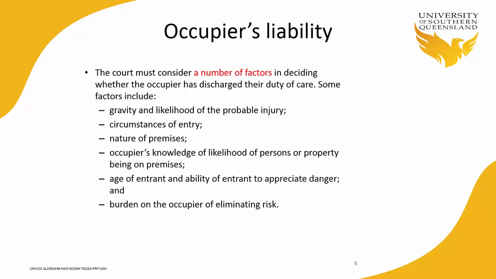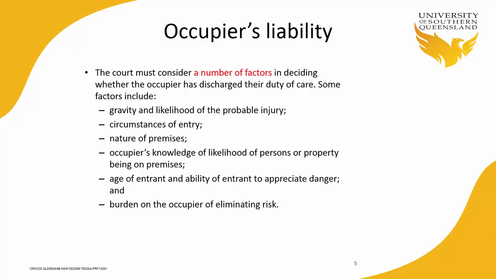There are a number of factors that the court looks at in order to decide whether this occupier has discharged their duty of care in relation to the plaintiff. These are given to you on page 163 at the top of the page.